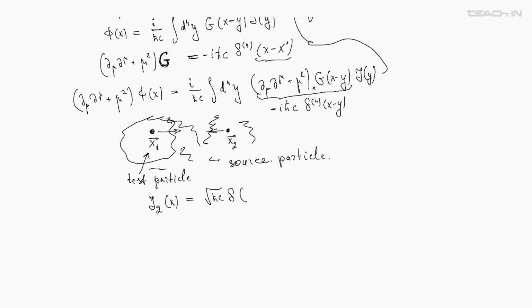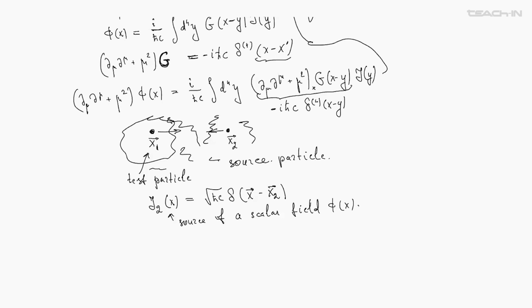So this is, if you wish, a source. We consider this J2 as a source of a scalar field phi of x. This source is point-like and it's static. The source is concentrated at a point x2.